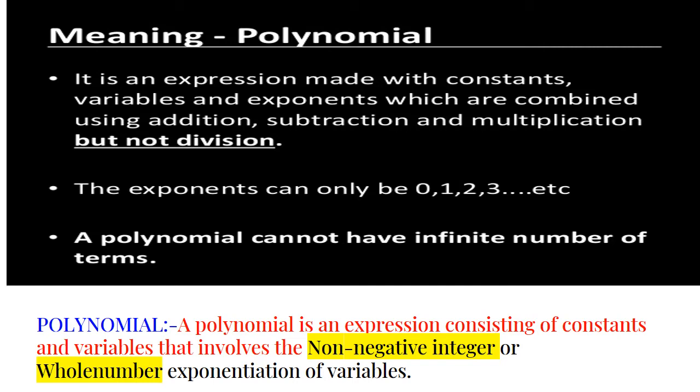A polynomial cannot have an infinite number of terms; it must be finite. Here a polynomial is an expression consisting of constants and variables that involves non-negative integer or whole number exponents of variables.